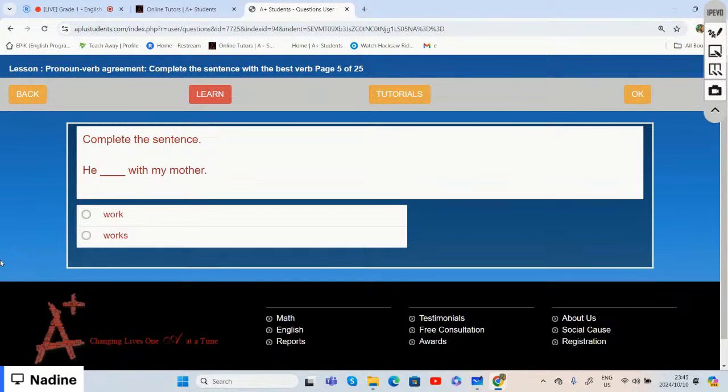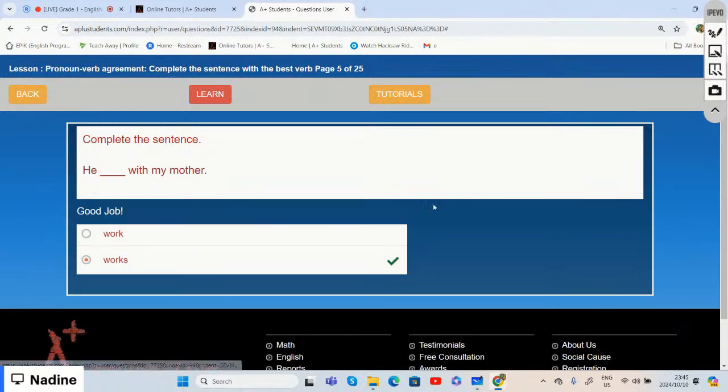Which one is correct? We need to choose the correct option. We can say he works, because remember, one person, our verb ends with an S. So he works with my mother.